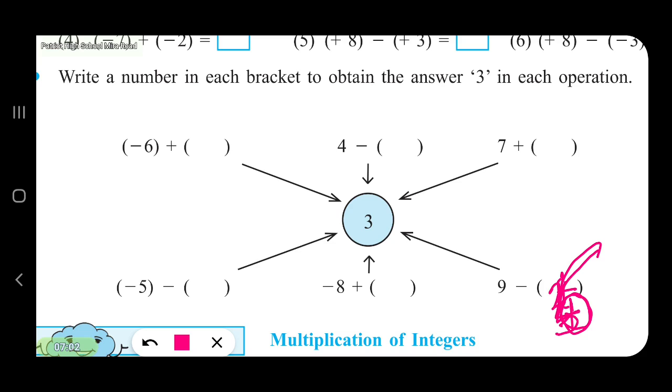So you have 9 minus 6. Inside the bracket it has to be plus 6. If there is no sign, it means it is plus. So it is plus 6. So the answer to this is 9 minus just 6 over here. So it will give you the answer 3.